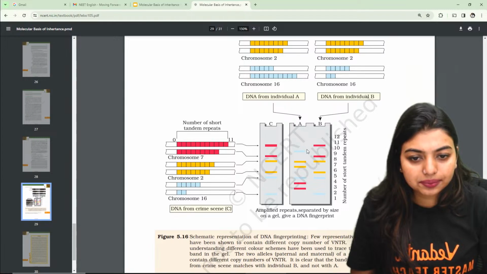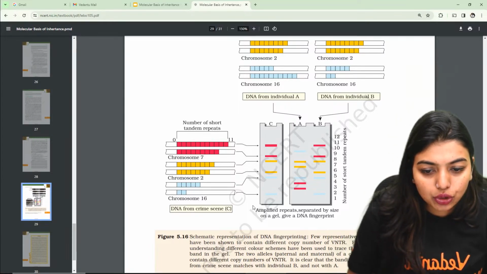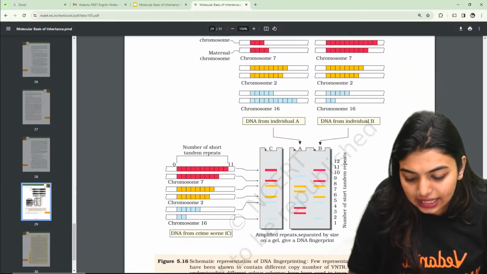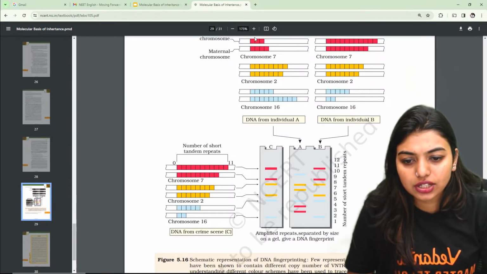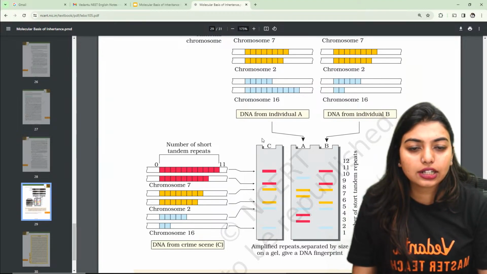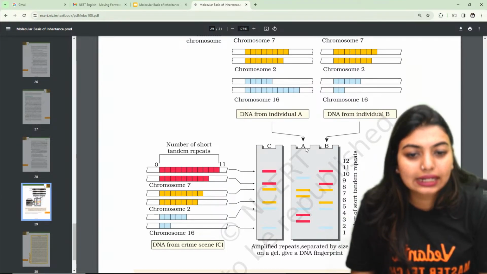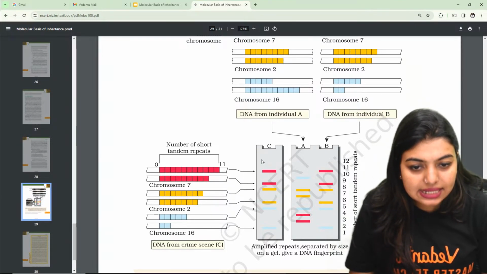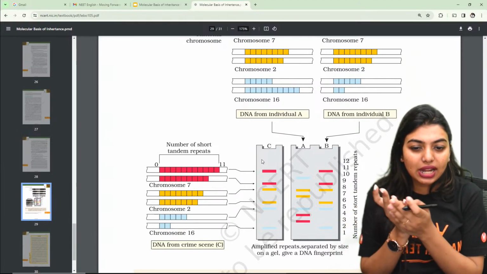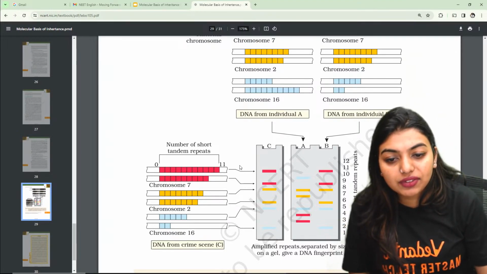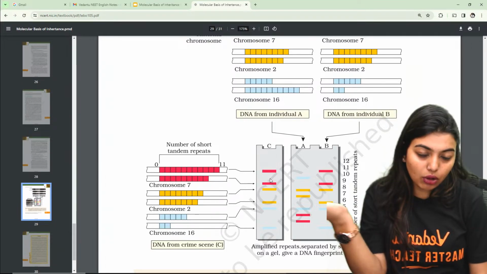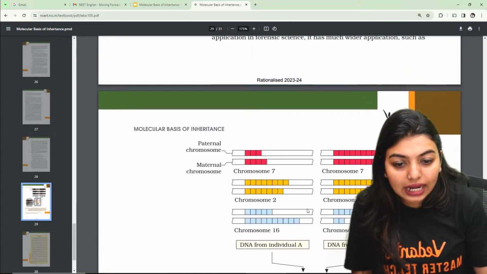Now if you look here, can you see this C gel electrophoresis? Shall I zoom it a little more? Yes, I think it will be visible now. C gel electrophoresis and A and B, if you see, B and C are matching completely. Can you see how the band formation happened? We will be using the VNTR probe to go and bind with these so that under autoradiography we will be able to highlight this.